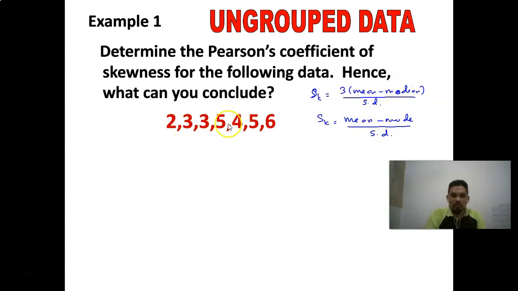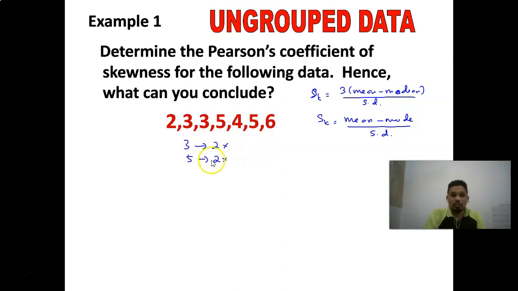Let's take a look at the mode. It means the number that appears most. 2 appears once only, 3 appears 2 times, 5 appears 2 times, 4 once, 6 once.